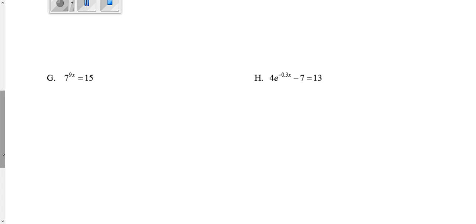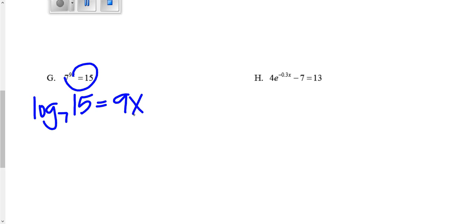So down here on G, same idea. I know we have a 9x in the exponent, but we'll see how to deal with that. So loop and scoop. So we have log base 7 of 15 equals 9x. I'm going to ignore that 9x for a second because I've got to figure out what this number is. So I do log of 15 over log of 7.